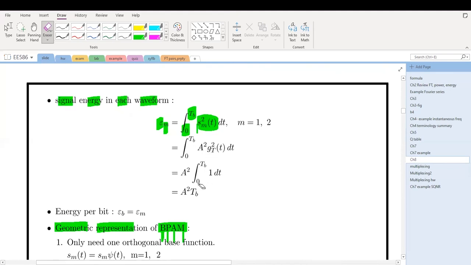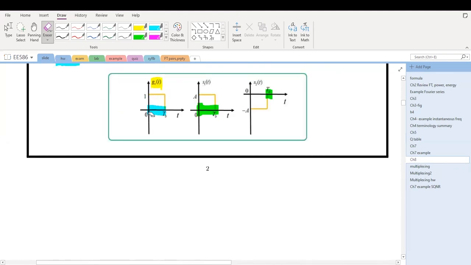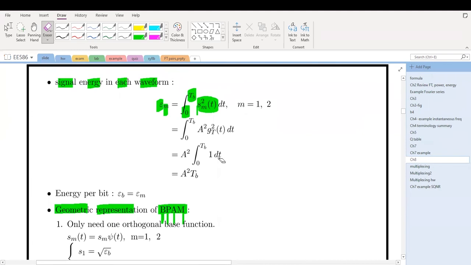And g(t) has a value of 1 from 0 to T_B, so 1 squared is still 1. Therefore, the integral equals A squared T_B.